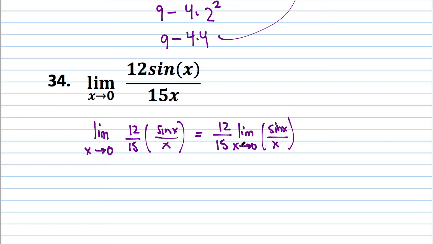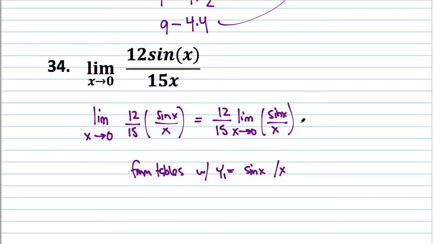So if you recall from using our tables, with y1 equals sine of x over x, we know that this limit right here is actually the limit. You can either use a table or you can use a graph here. But the limit of sine of x over x as x approaches 0 is actually 1.